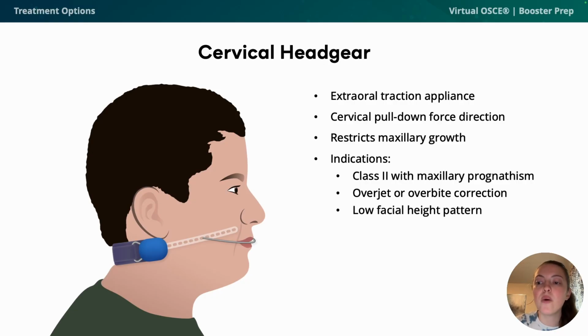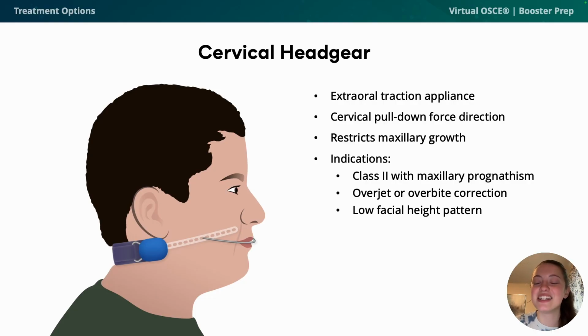Someone with a low anterior facial height is often presenting with a deep bite, so it's beneficial for them to get some molar extrusion and posterior bite opening. You would not want to use cervical headgear if someone already had a long face or open bite, as that would just make things worse. So if you see a class 2 patient with maxillary prognathism who is young and has a low facial height pattern, this is a great initial management option, if they'll wear it.